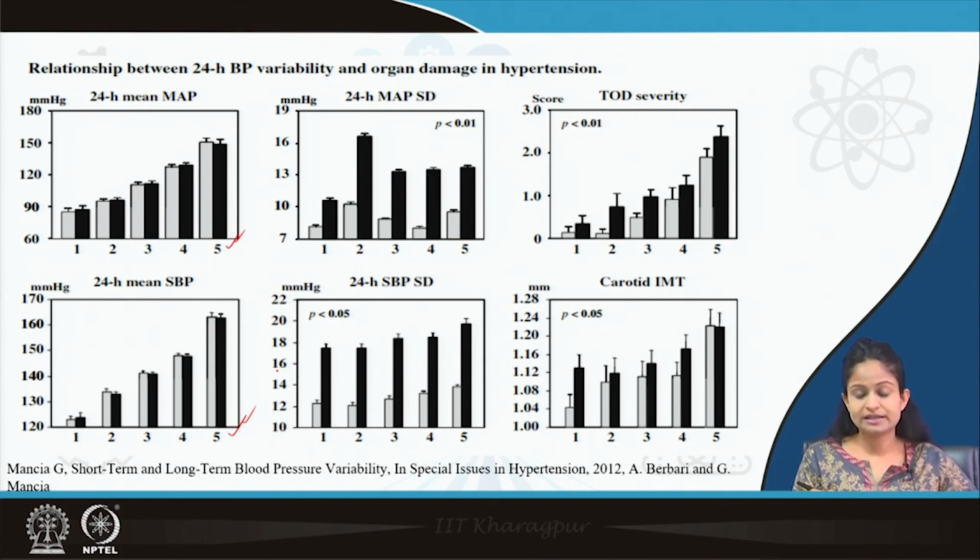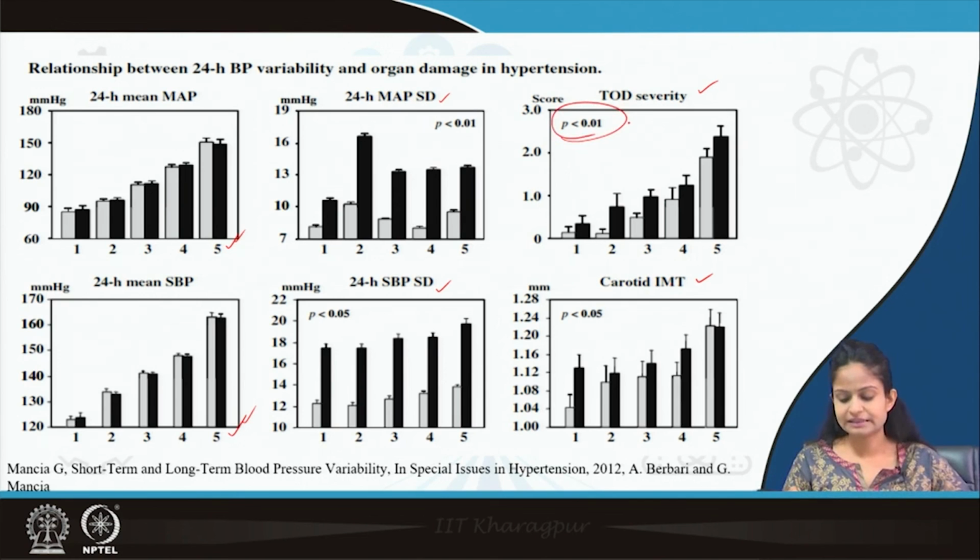So, how is this 24-hour blood pressure variability correlated? We see the mean arterial pressure standard deviation, this is target organ damage severity, this is systolic blood pressure 24-hour standard deviation, and this is carotid artery intima media thickness. We can see the p value is quite significant for target organ damage severity when compared with the 24-hour blood pressure variability, which means the more variability there is, the more chances of target organ damage in hypertensive patients.